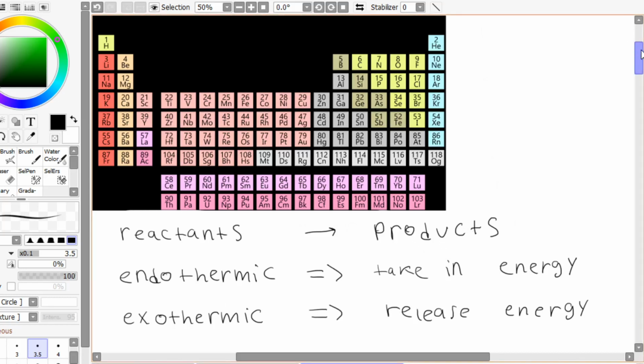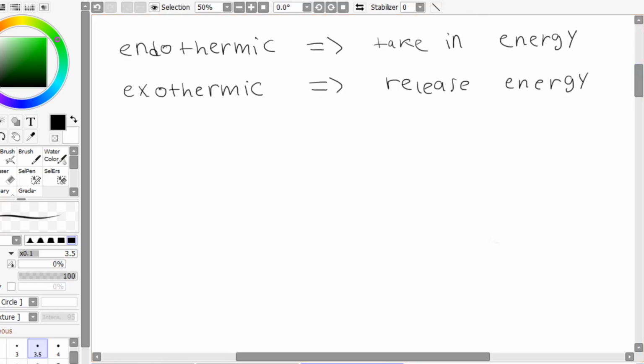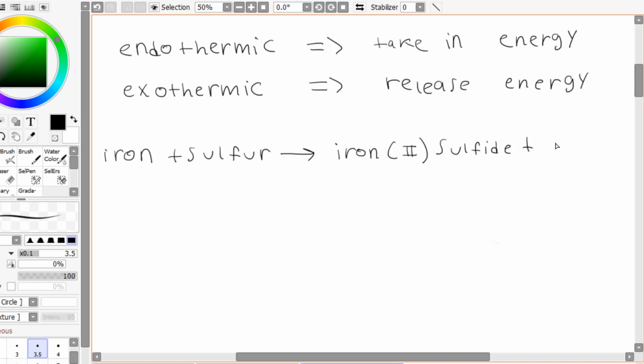For example, we can have chemical reactions like iron reacting with sulfur. So we take iron and we take sulfur, and that yields iron 2 sulfide plus some energy.